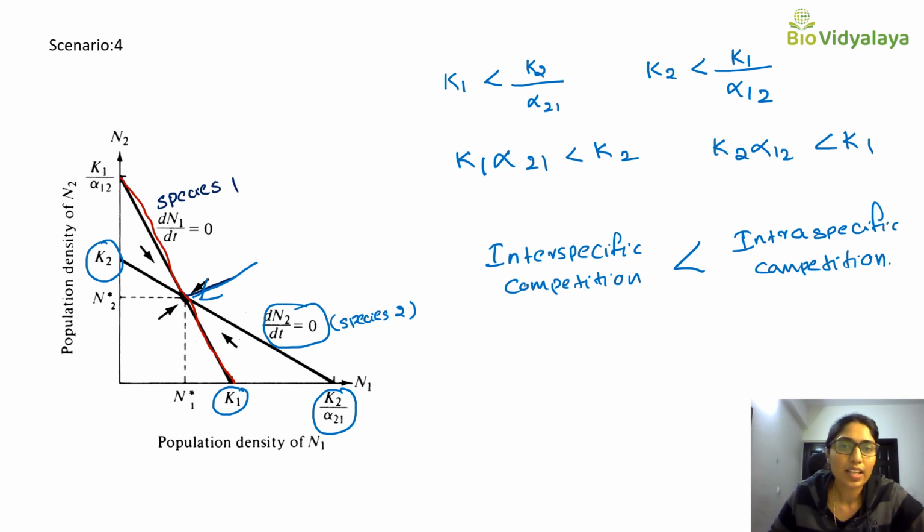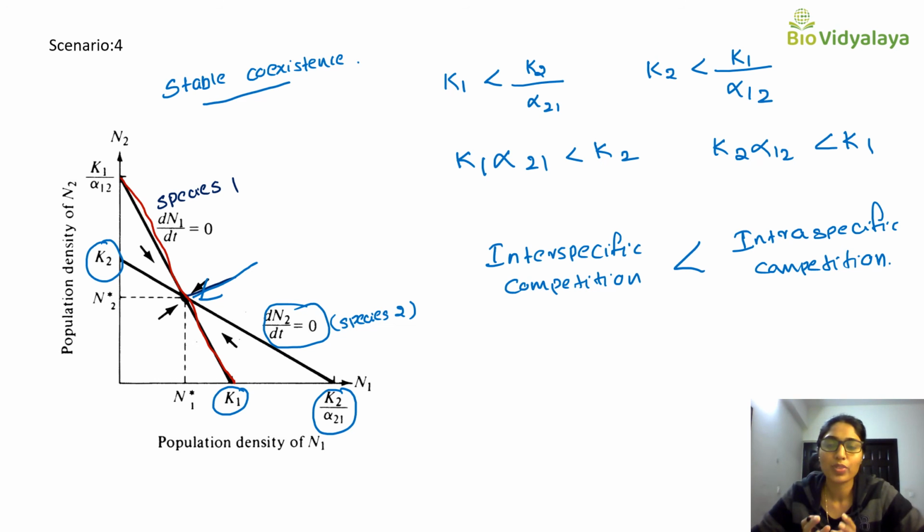So this is the graph of stable coexistence. The last graph was unstable coexistence. This is the stable coexistence graph. Here both the species are living peacefully without any fighting.